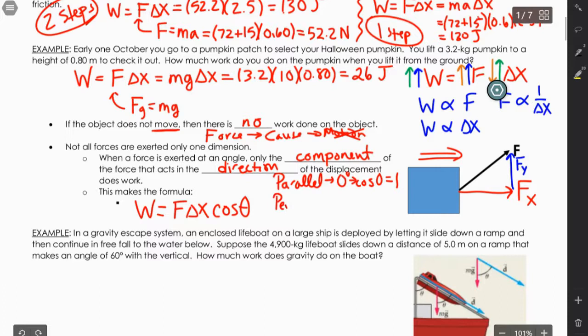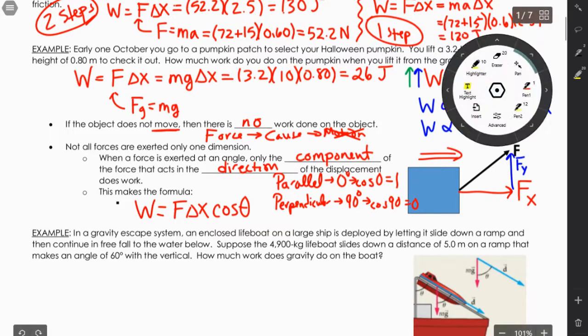If it's perpendicular, it's 90 degrees, and the cosine of 90 is 0, right? So if F and delta X are in the same direction, I'm going to get an angle of 0. If they're perpendicular to each other, I'm going to get an angle of 90 degrees. All right, so let's see how this works in the equation.